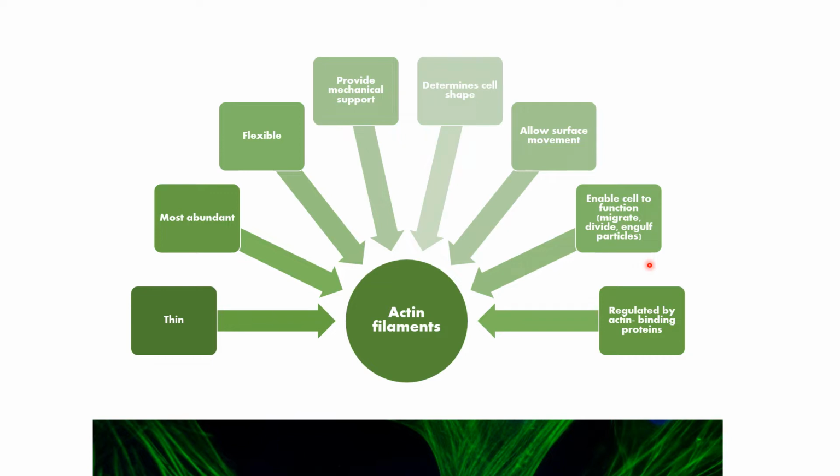It also will determine the cell shape. It will allow the movement of the cell surface. It will enable the cell to migrate, engulf particles, and divide, as we said. Some are present in the nucleus too, mainly responsible for large-scale changes in cell shape during cell movement or contractile ring formation.